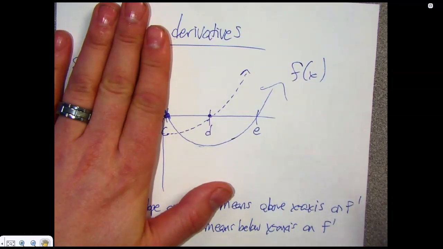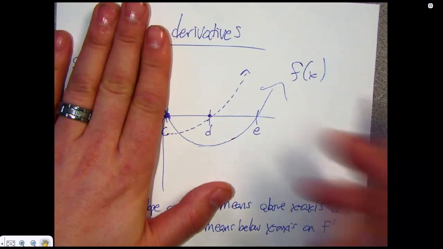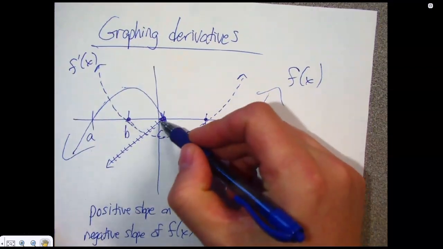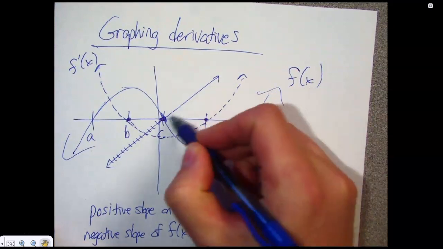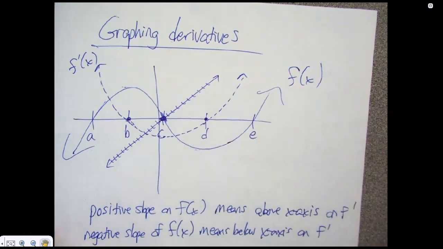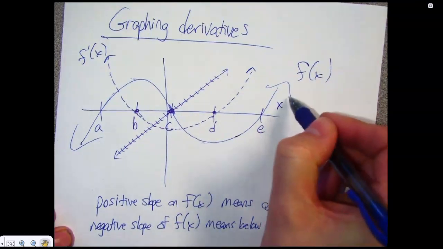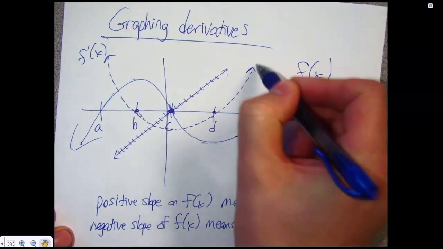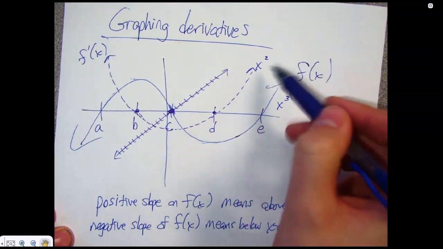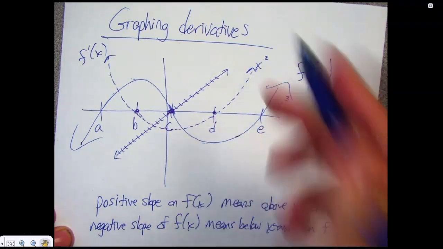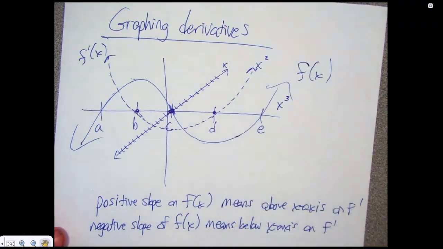Positive and getting bigger or positive and getting smaller? Positive and getting bigger. So I need my y values to be positive and getting bigger, and I got to keep in mind that I can't have a wiggle, so it's going to be a line. And again, this makes sense. So this was an x to the third situation. So when we take the derivative, we get an x squared situation. When we take the derivative of the squared, we lose a power, so we get an x situation. But if you just have an x, what kind of graph is it? It's a line.